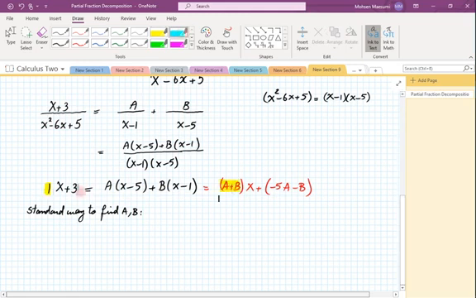That's the only way two polynomials that have been simplified can be equal to each other. So what we have now, a standard way, says A plus B has to be 1. The missing coefficient, of course, is just 1. Minus 5A minus B has to be 3.